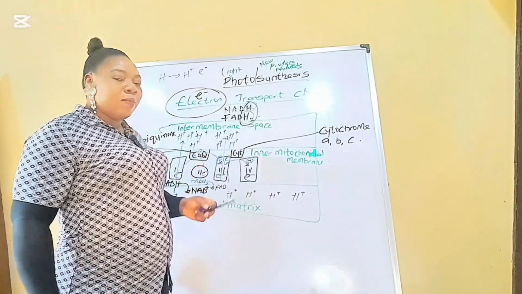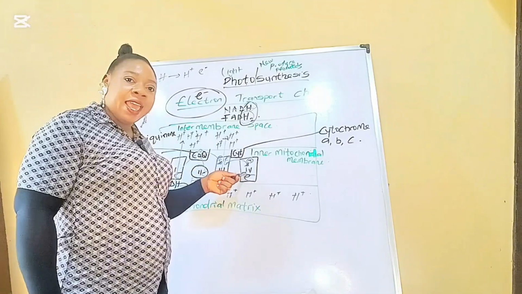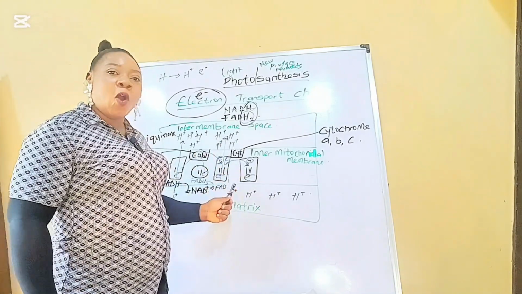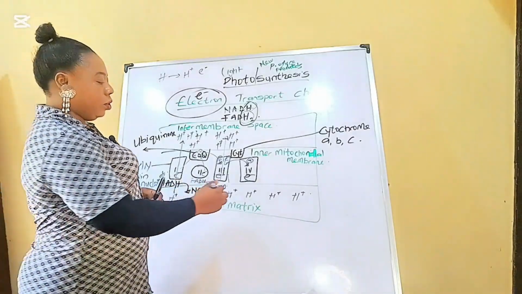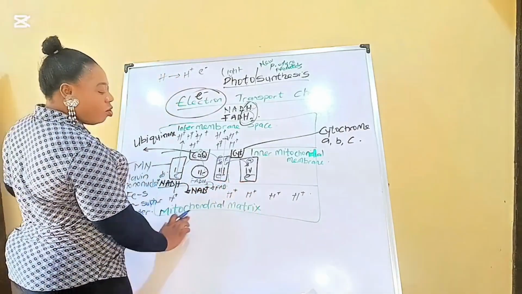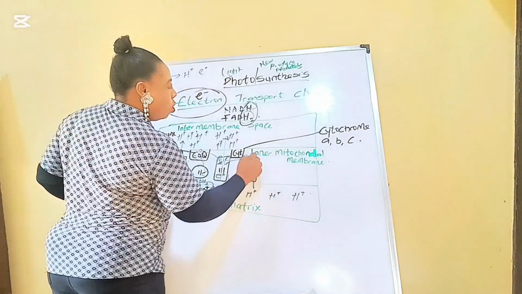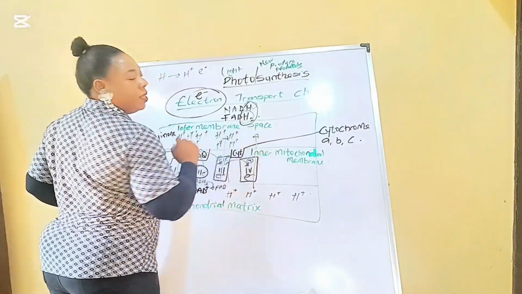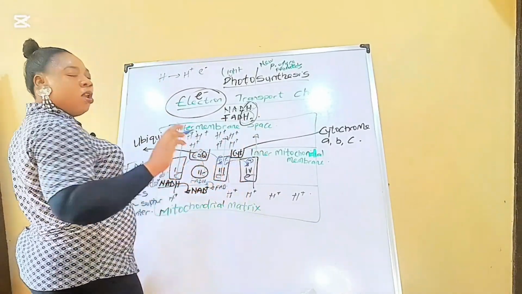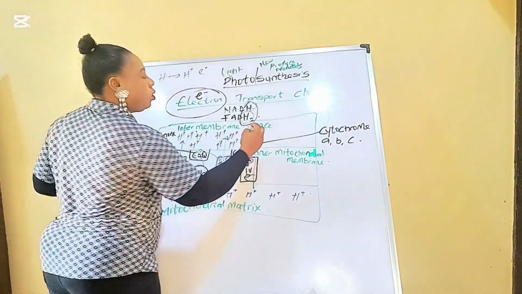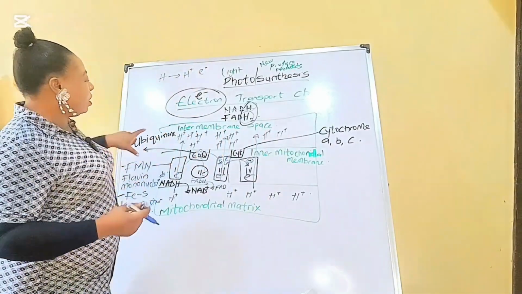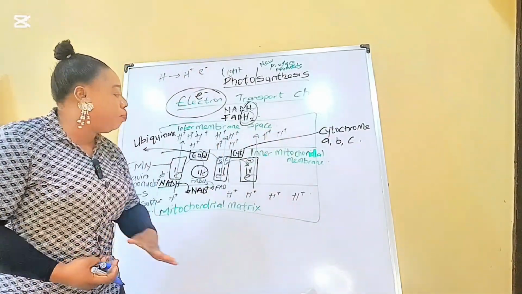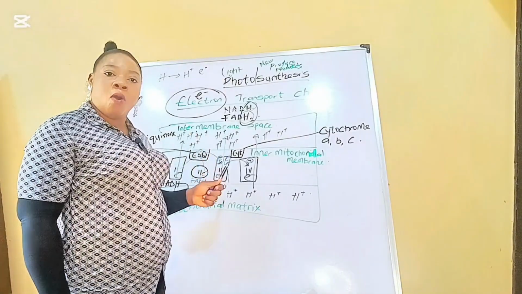Also remember, since there is presence of electron here, complex 4 will also be supercharged, and it enables you to pump proton from the mitochondrial matrix to the intermembrane space. But here it will only pump 2 protons. So in total we now have 10 protons being pumped.